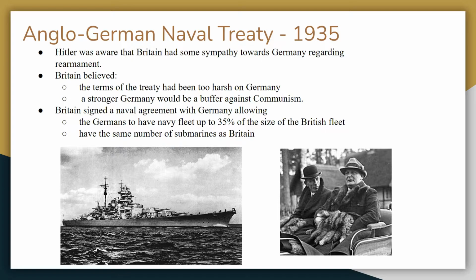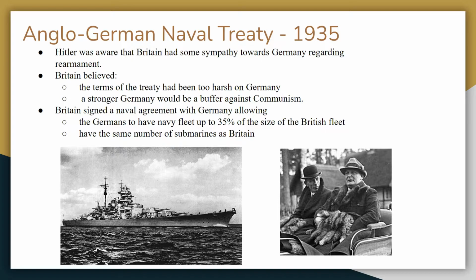Okay, the next thing is the Anglo-German Naval Treaty in 1935. If you remember in the first video, I was talking about how the British people, in the beginning of the 1920s, after the Treaty of Versailles was just made, thought it was a harsh treaty, but exactly what Germany needs.